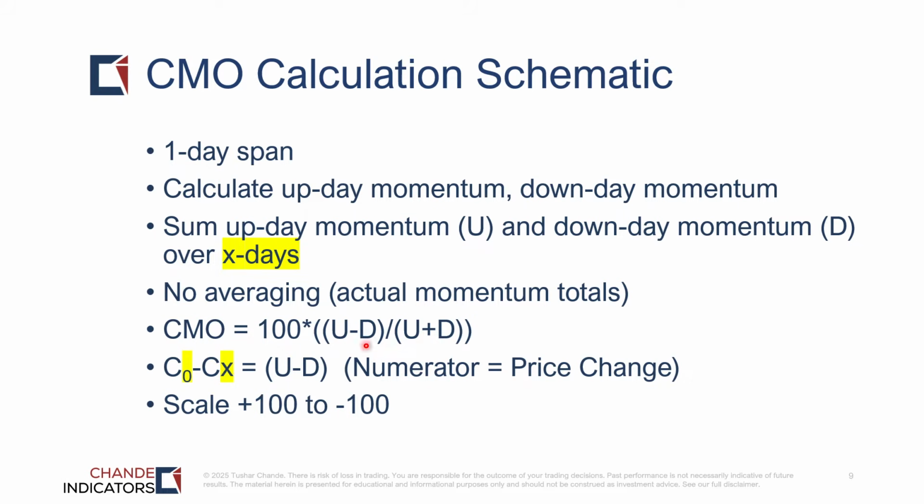So there's some direct relevance to what the U minus D or the numerator means. And then the scale is plus 100 to minus 100. So just intuitively, it's a significant improvement on the RSI schematic, even though it tries to capture what the RSI is doing.